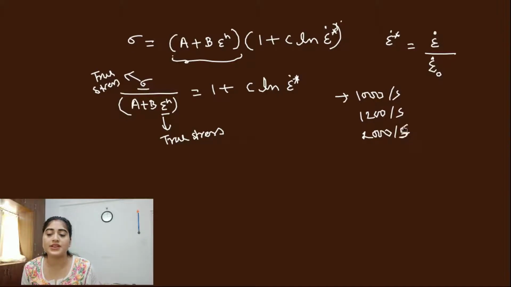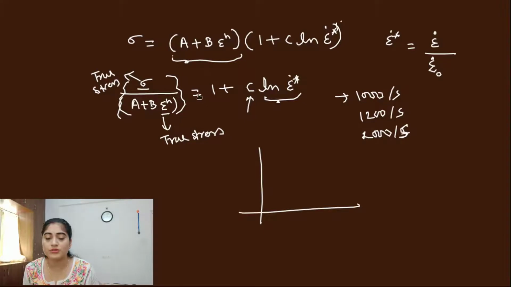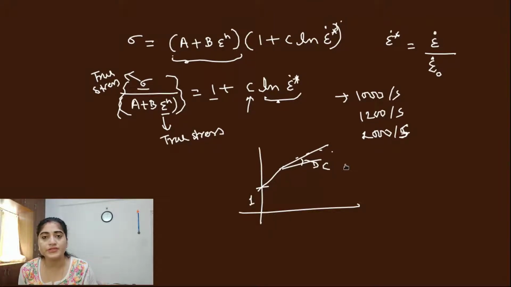If different strain rates are there, then for whatever true stress versus true strain values we have, we plot this value on the y-axis against ln of strain rate on the x-axis. Whatever slope we get will be your c parameter. The intercept is also given here. Suppose you are finding data points and plotting this type of graph. Whatever the slope is, it shows you c, the strain rate strengthening coefficient.